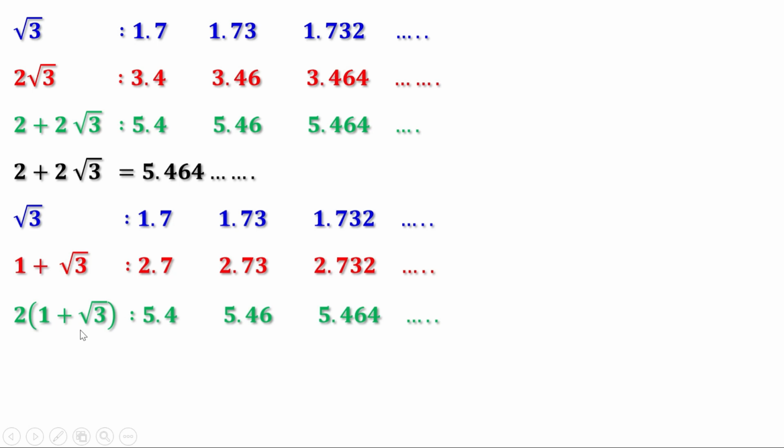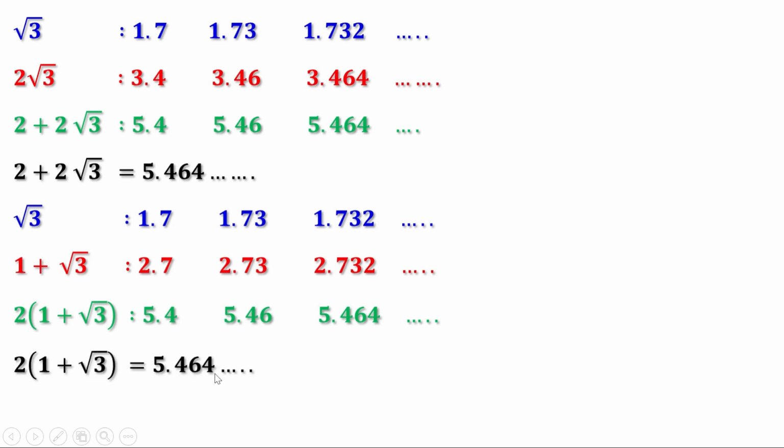Therefore 2 into 1 plus root 3 is equal to 5.4 or 5.46 or 5.464 etc. That means 5.4, 5.46, 5.464 etc. get closer and closer to 2 into 1 plus root 3.